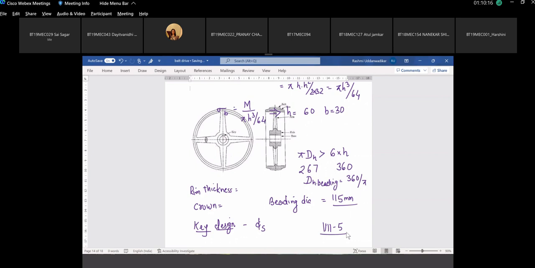For key design, based on the shaft diameter, we have direct dimensions of the key and keyway given. Refer page number 78, table 7.5.